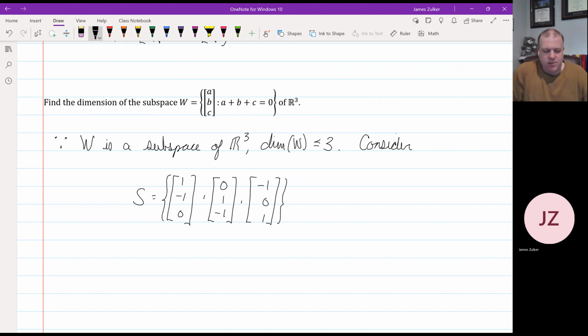This is just one set we can look at. Clearly, this spans W, just by the way that we chose it. I'm going to verify that this spans, but this is why I chose it the way I did.